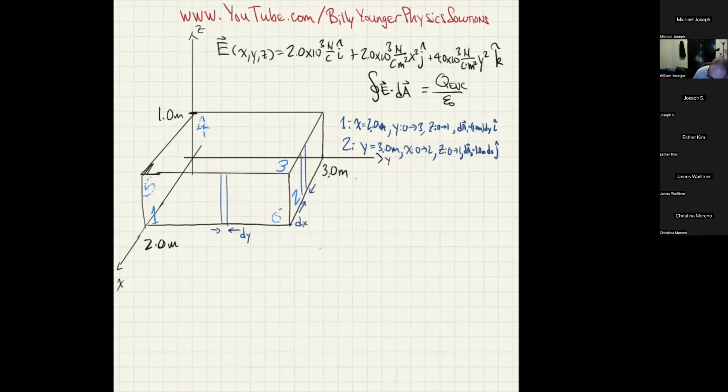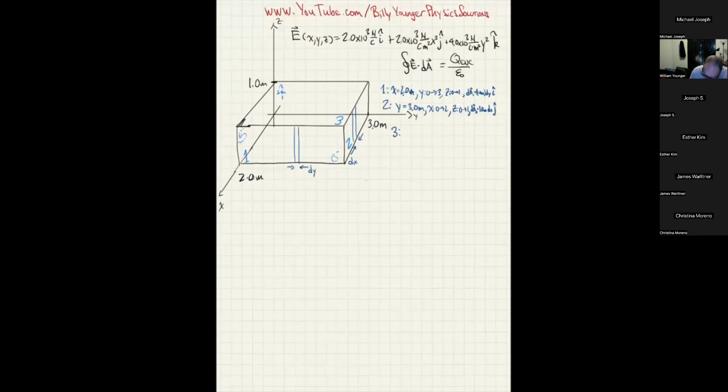Now surface 3, which is the top one, has obviously z equal to 1. Of course, it has x going from 0 to 2, and it has y going from 0 to 3.